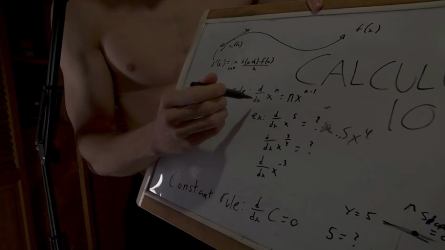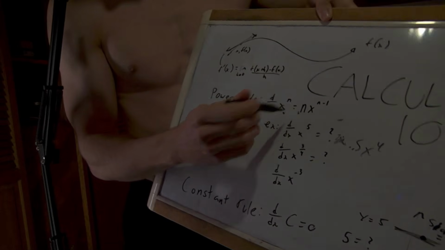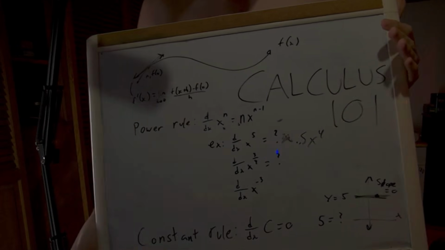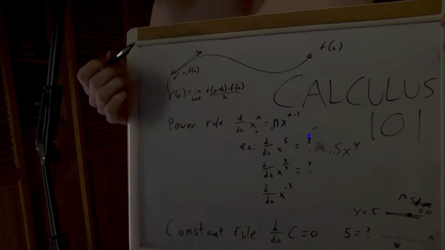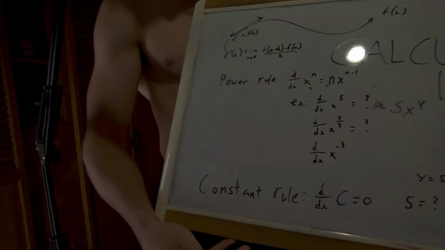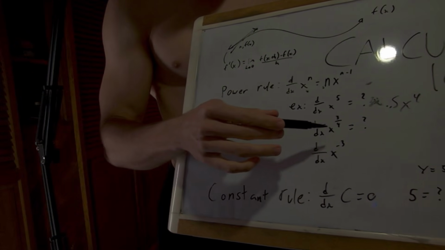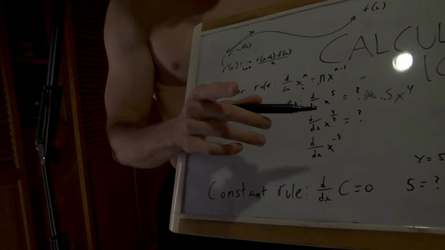We need to use what we learned here. And what did we learn? Well, we have to bring the exponent down and subtract n minus 1. So, you think about it for a second, okay? X to the 3/4. Think about it.